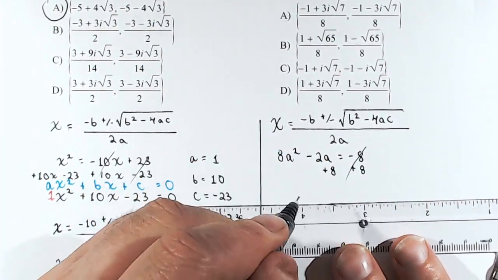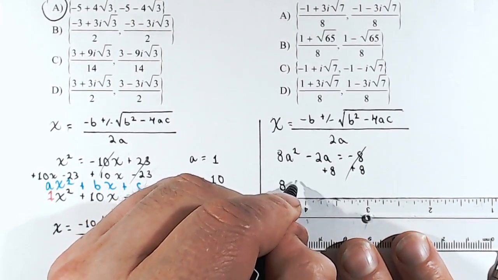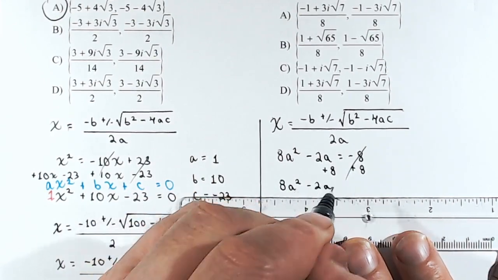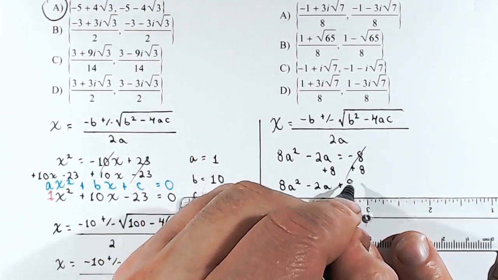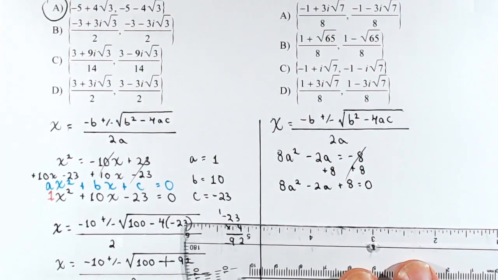Okay, and we have 8a squared minus 2a plus 8 equals 0. This is what we're going to stick into the quadratic formula.